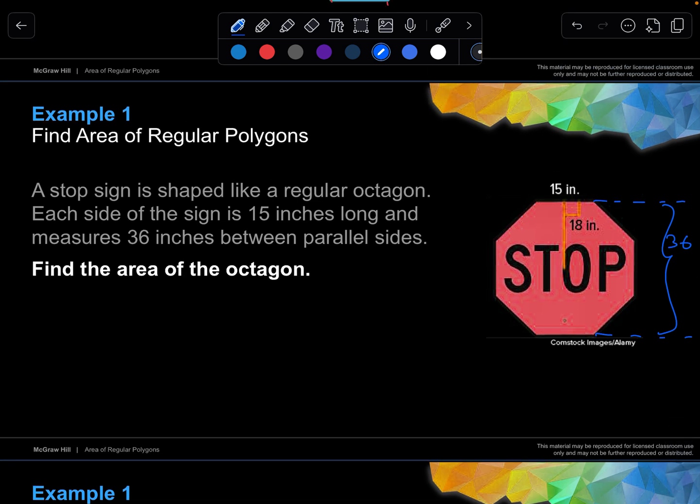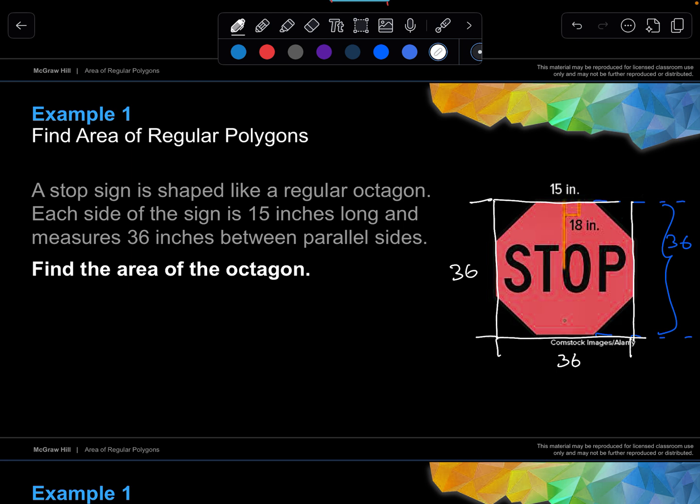Well, what is the 36 they're talking about? The thing that we know is this height, the distance between the two parallel sides, is 36 inches. Let's say I were to draw a square. Now I know that this dimension of the square is 36 inches, as would be this dimension.